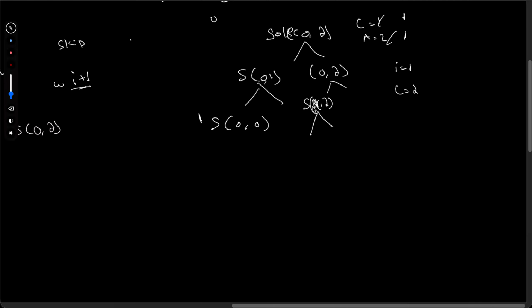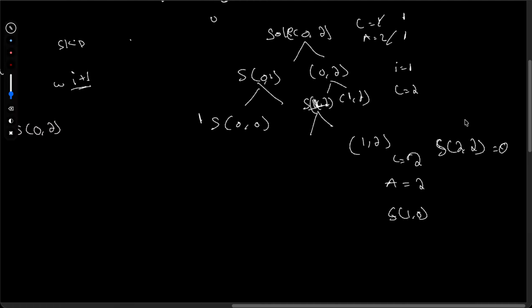If we skip, it comes here, 1 comma 2. Coin is 2 and the amount is 2, so it takes solve of 1 comma 0, which is one way, and we skip to solve of 2 comma 2, so no coins left, so it was 0. Okay, so in the last we just return take plus skip.